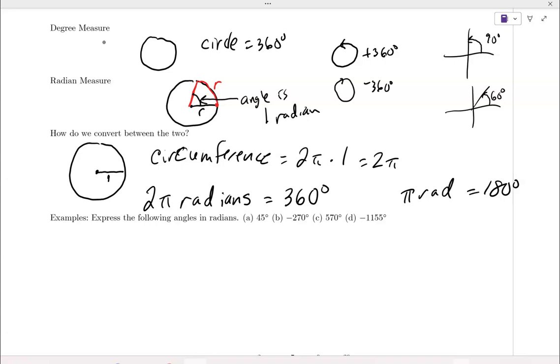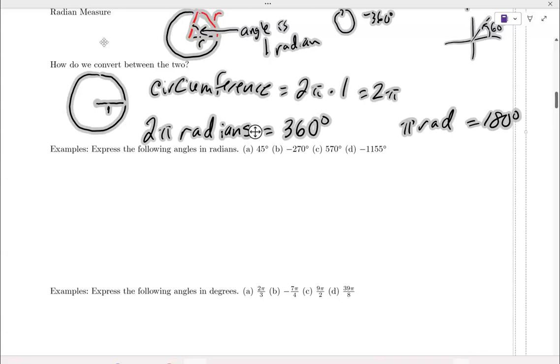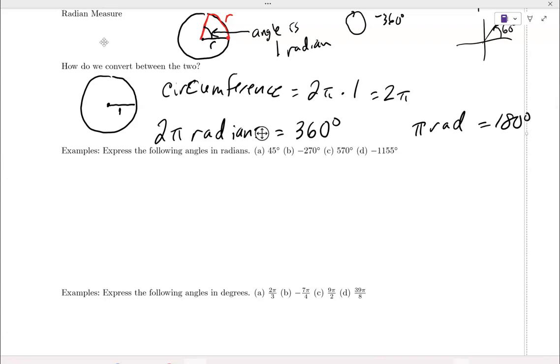So if we look at this first example here, convert these angles, or change them over, to radians. Notice that I want to start with degrees and end with radians. So if I have 45 degrees, when I do a conversion, I want the degrees to cancel and radians to come out, right? If you've done any chemistry, you've probably done some unit analysis, cancel some things out.